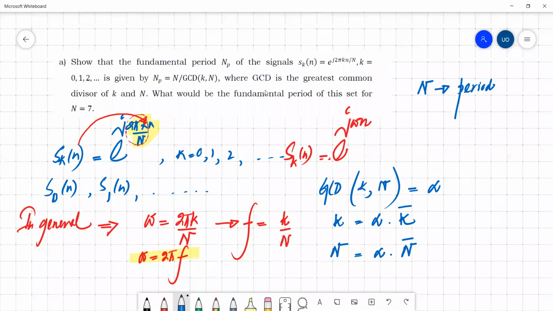So from this we can say that N dash can be represented as N over alpha, where alpha is the GCD of k and N.